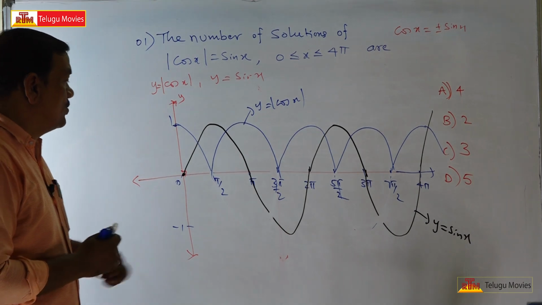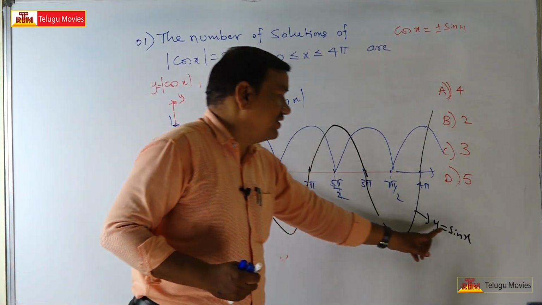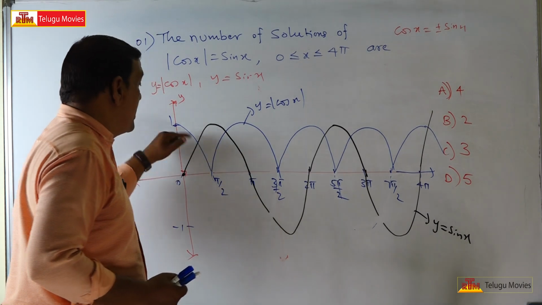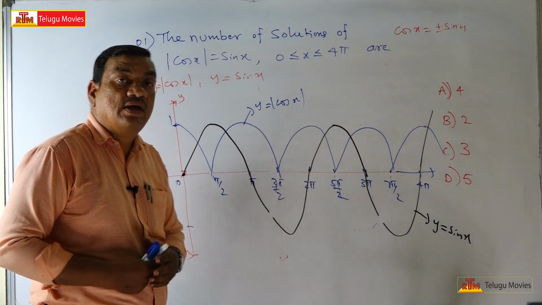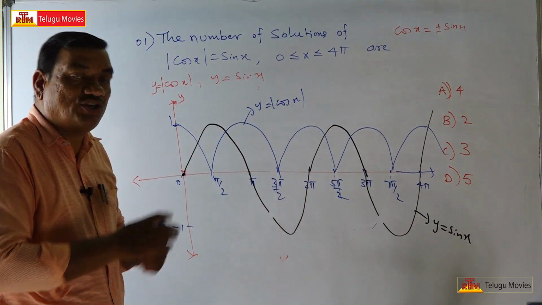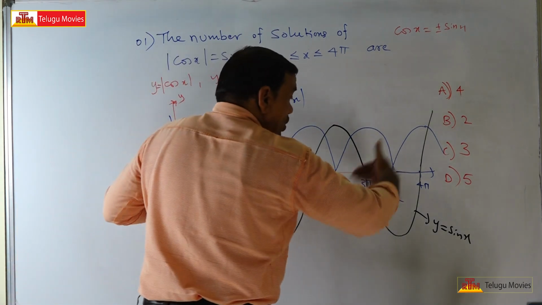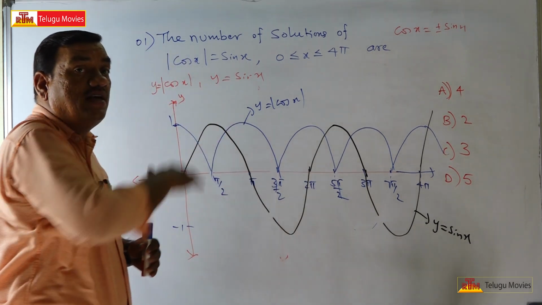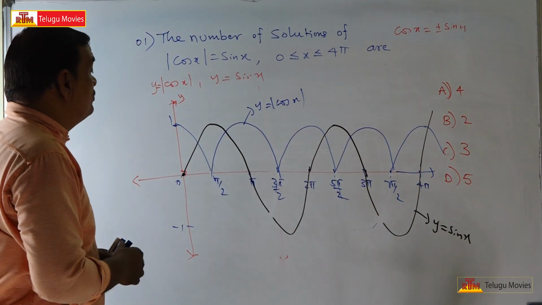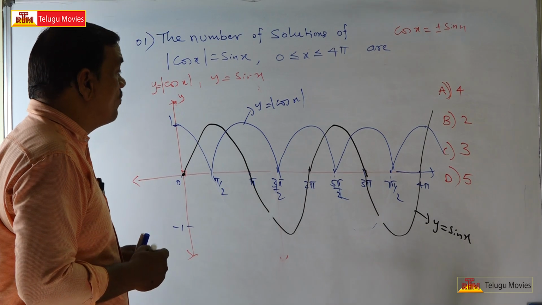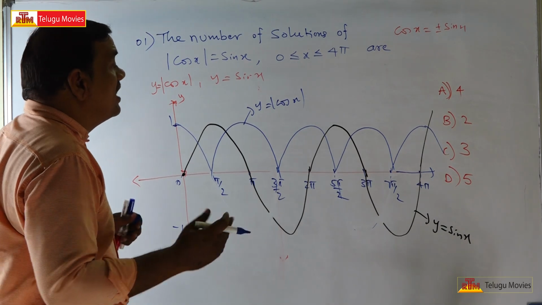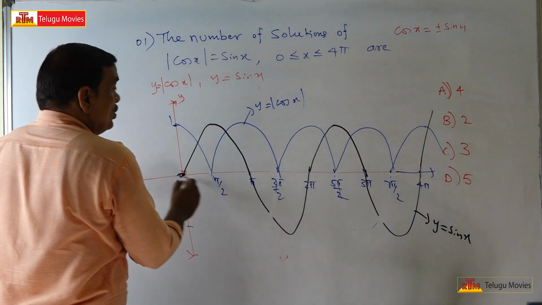See here. Black is y is equal to sin x, whereas blue is y is equal to mod cos x. First draw the graph of cos x, and whatever lies below the x-axis, you take the image of that. Now observe these two graphs and at what points they are intersecting between 0 to 4 pi.